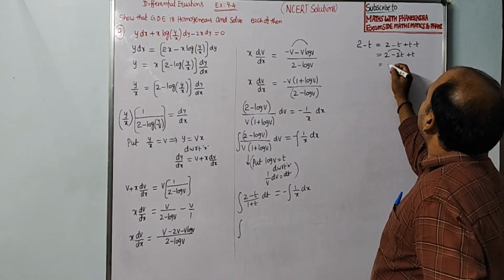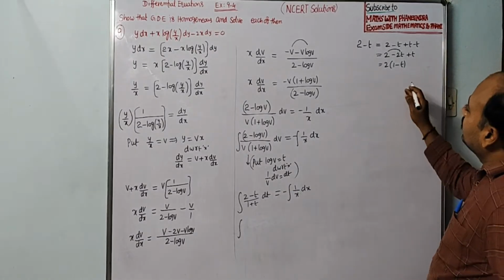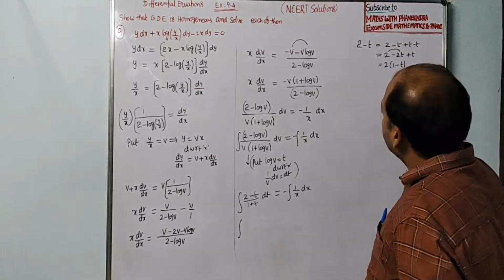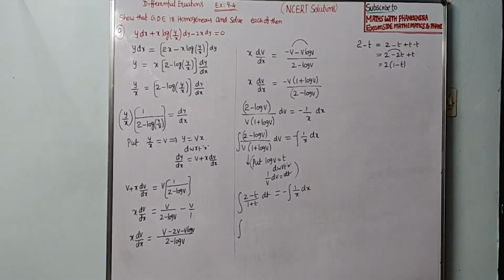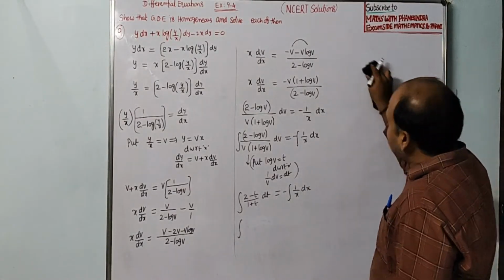From these two, take 2 common, 1 minus t, but I want plus t, so it does not work out. But here a minus is there, and that minus we can change. Then it will be easy.